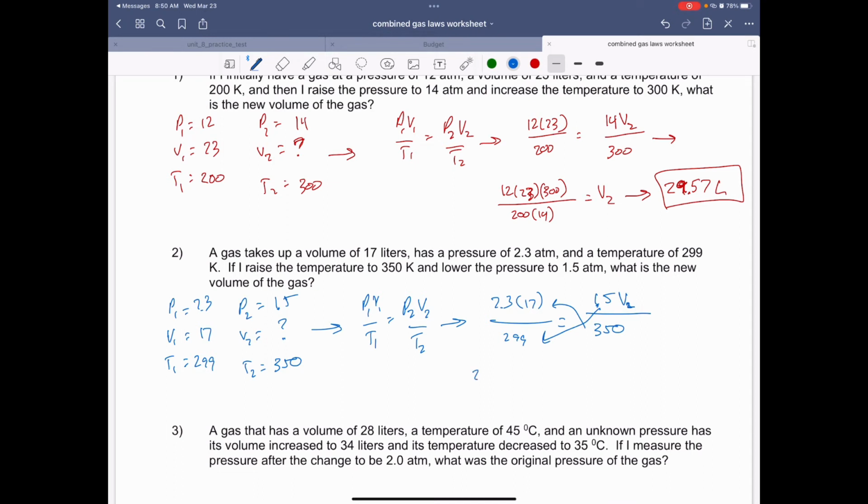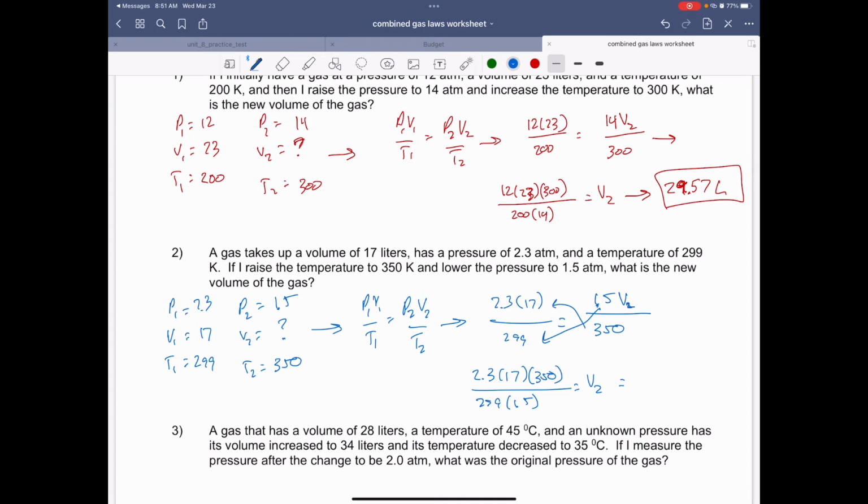And so it's going to look like 2.3 times 17 times 350 all over 299 times 1.5. And that's going to be equal to V2. So calculator time, 2.3 times 17 times 350 divided by parentheses 299 times 1.5.